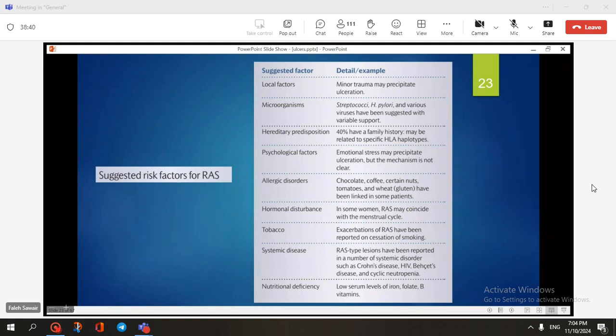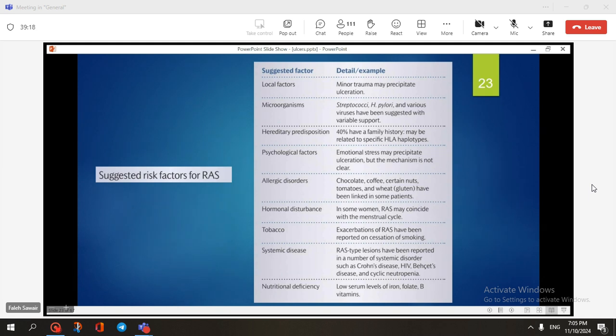They found it sometimes associated with local factors. For example, if the patient causes trauma to the buccal mucosa or labial mucosa, it is followed by aphthous ulcer. So the trauma is like the initiating factor to the ulcer. It determines the site, but it is not the cause. So they are not sure what is the cause of the aphthous ulcers.